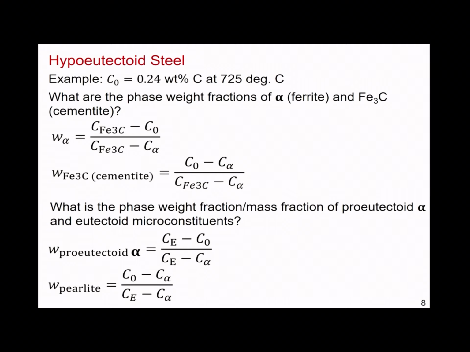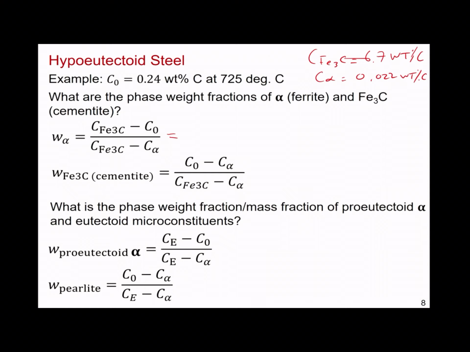So then, similar to the eutectic phase weight fractions or mass fraction calculations of your two phases at 725 C, you can calculate what those phase fractions are by using the lever rule.